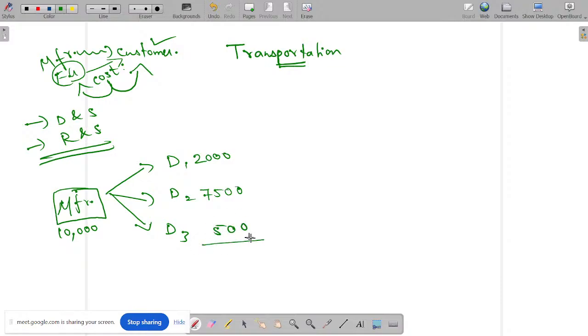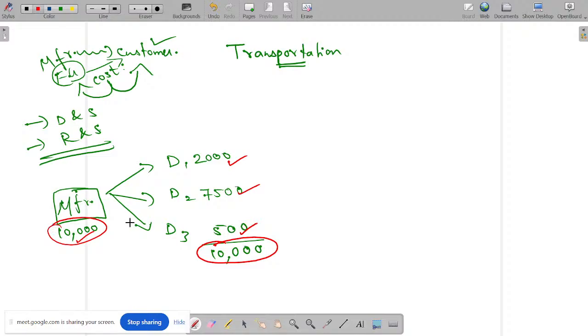So if I check over here, I'm just matching with 10,000, but it need not always be so. This demand of 2000, 7500 and 500, which totals 10,000, need not always be the same as the supply, which means it need not always be in an equilibrium state.